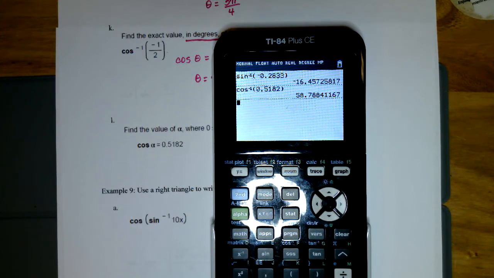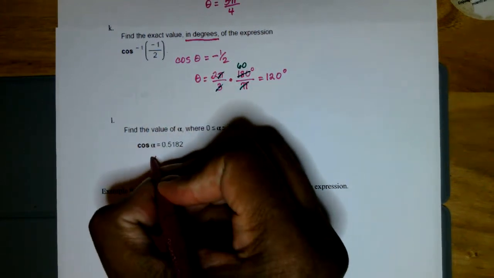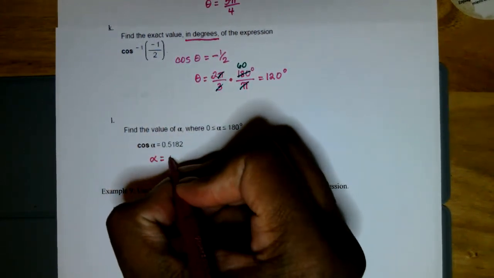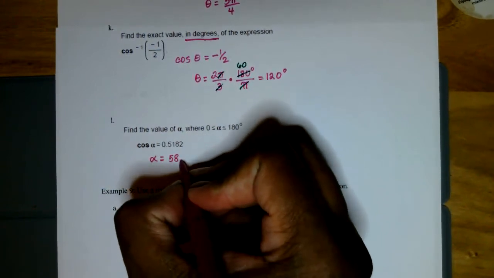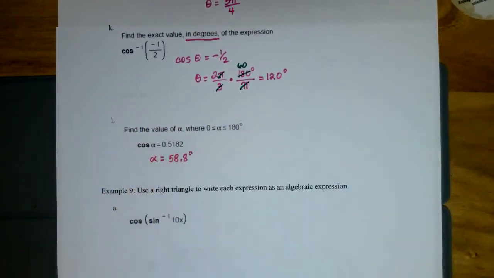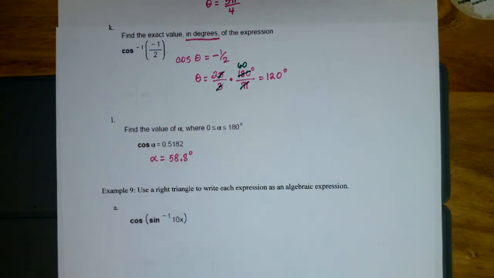Now to one decimal place, this will be approximately 58.8 degrees. So that means alpha is 58.8 degrees. Now make sure that the calculator is in degree mode before you attempt to do these types of answers where they want them in degrees.